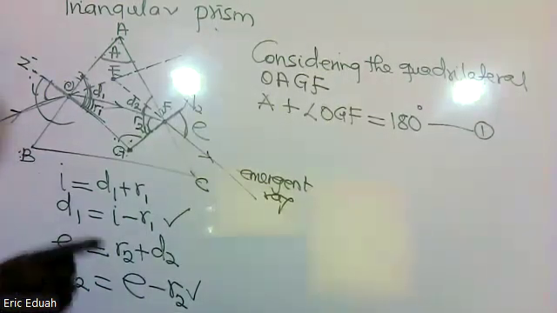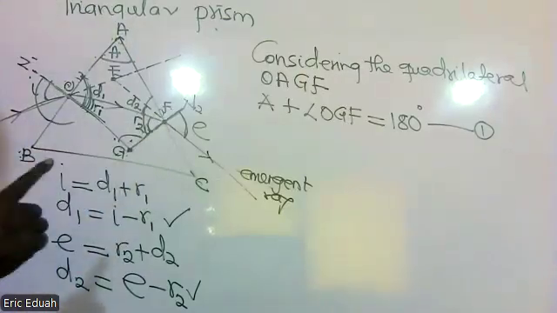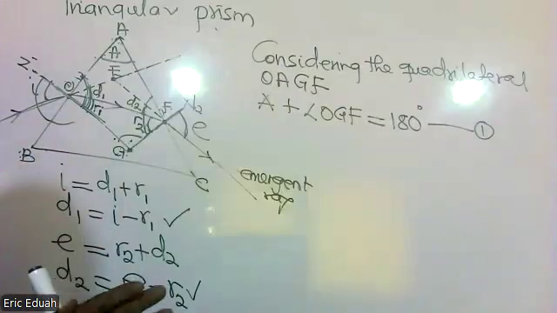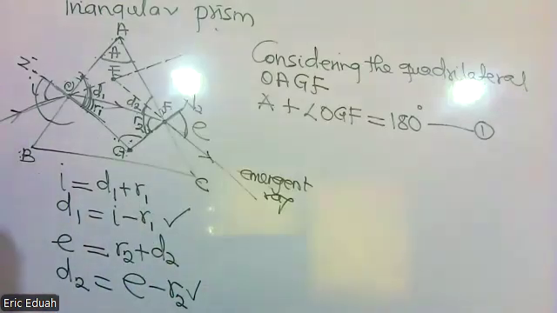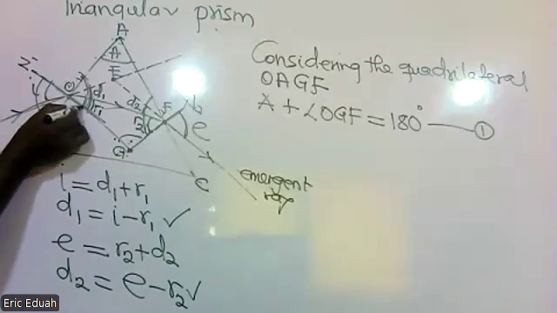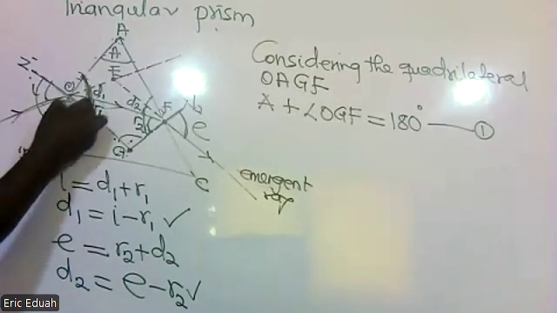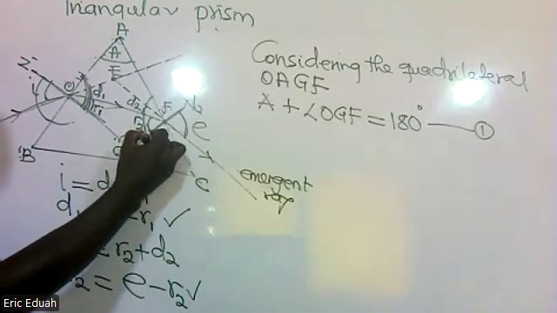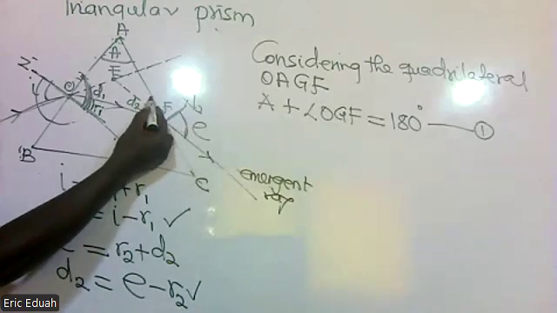We are considering the quadrilateral OAJF. And for every quadrilateral, the sum of angles must give us 360. So once this is the normal, the angle from the normal to the plane AB is 90, right? The same thing, once this is another normal, the angle from here to this side is also 90.